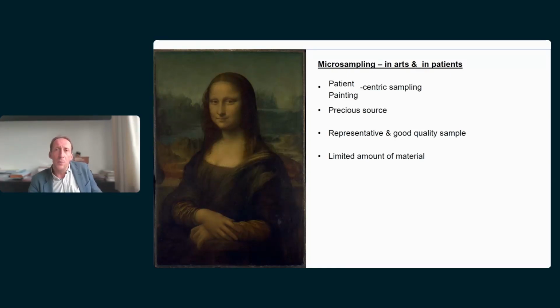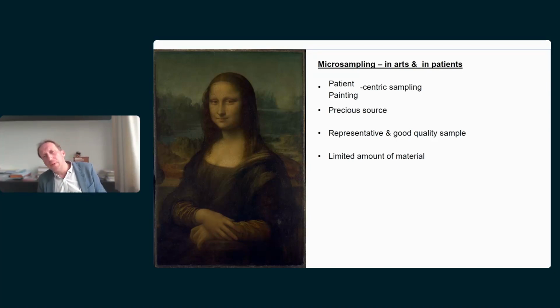Think about newborns, for instance, or patients in which we need really frequent sampling. Hence, microsampling can really be considered an advantage. However, at the same moment, microsampling may also pose a disadvantage or a challenge, as it's really a microsample, with only a very limited amount of material being available.